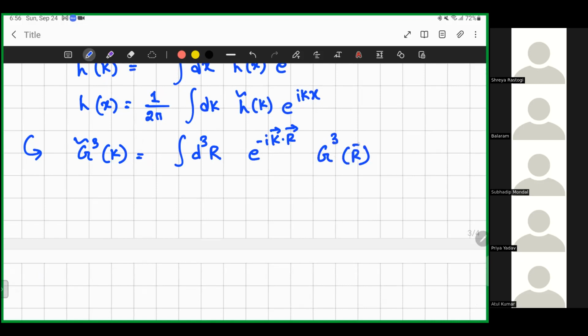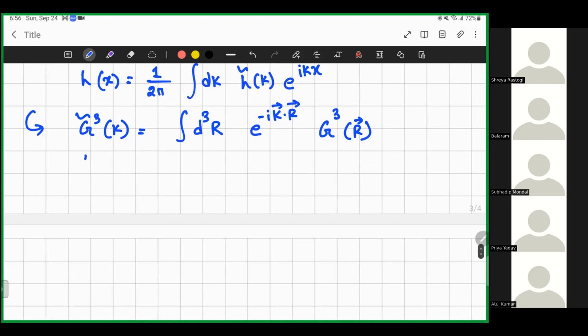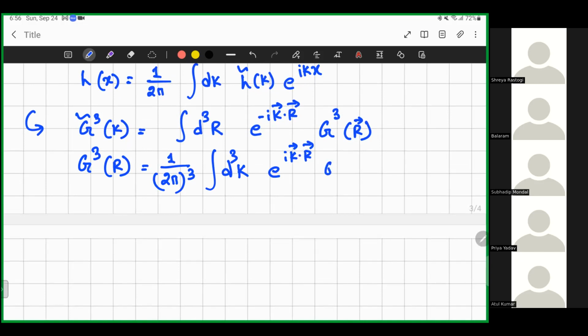So this is R, and this is the reverse Fourier transform, and the Fourier transform will be just 1 by 2 pi cubed, d3k e to the power plus ik·R.